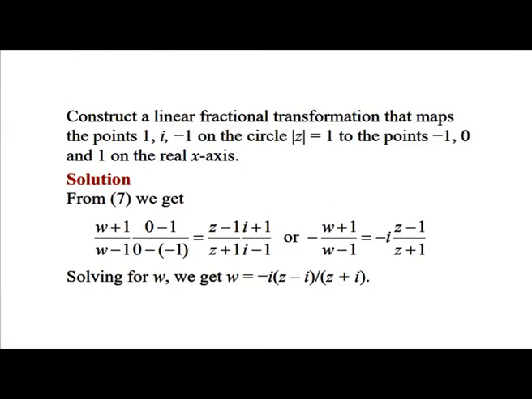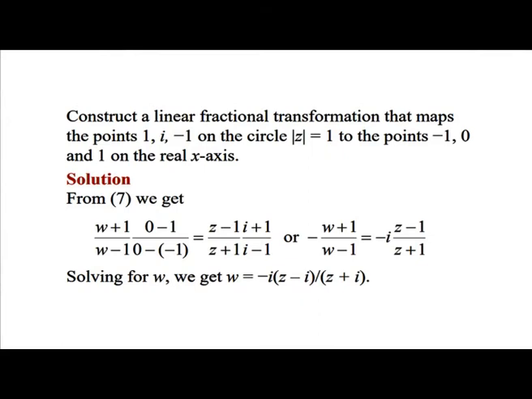Solving this to get a linear fractional transformation in the form W is equal to f(z), we get W is equal to minus i into (Z minus i)/(Z plus i).